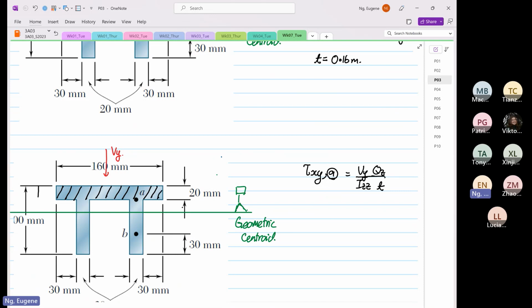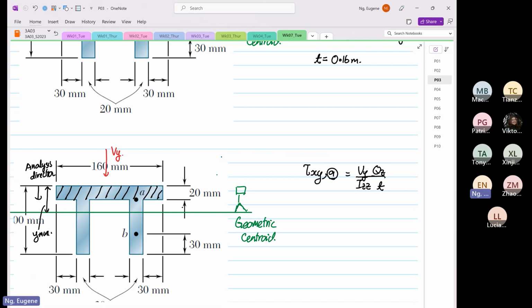Because this is the analysis direction. The analysis will start from where? Y max, yes or no? So this is the analysis direction. That's why we look at this distance over here. The analysis starts from Y max, right? Then it comes in. So that is our analysis direction.